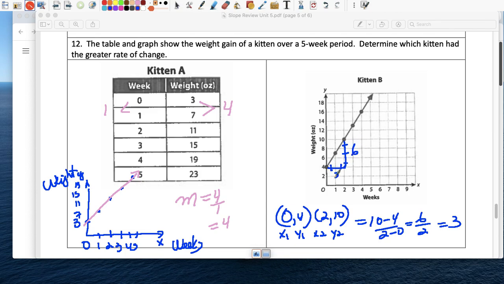This would be 2. So if you did that, you have to be really careful with the scale. So that's 6 over 2, and you also get a rate of change of 3, which is the same thing as we found already. So m equals 3 on this side, m equals 4 on the left side. So kitten A had the greater rate of change. That is probably it, I think.